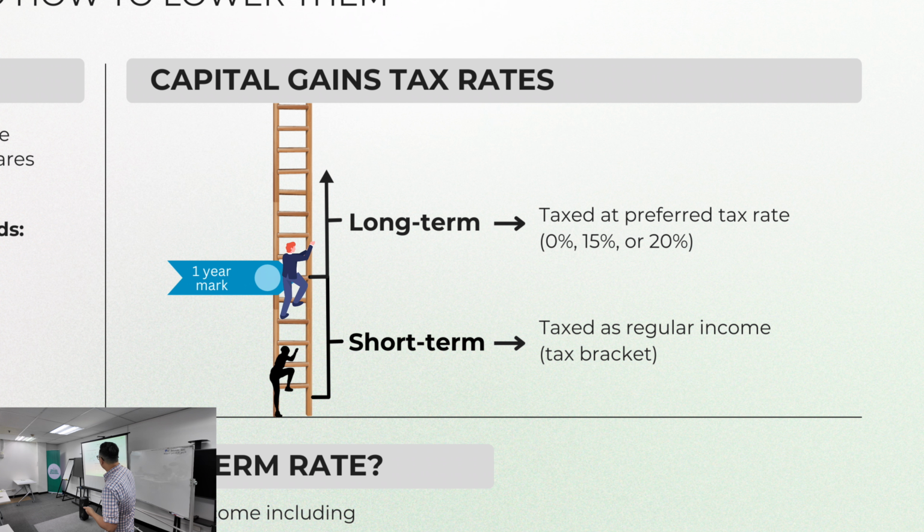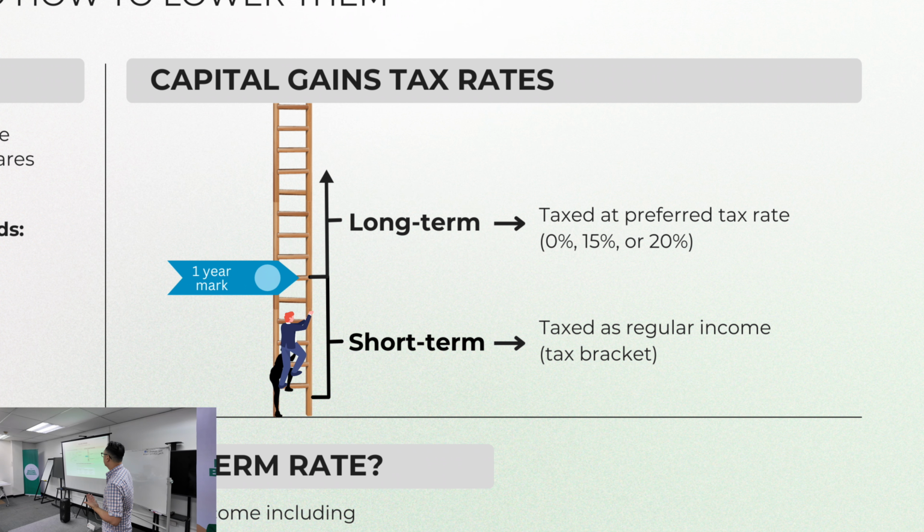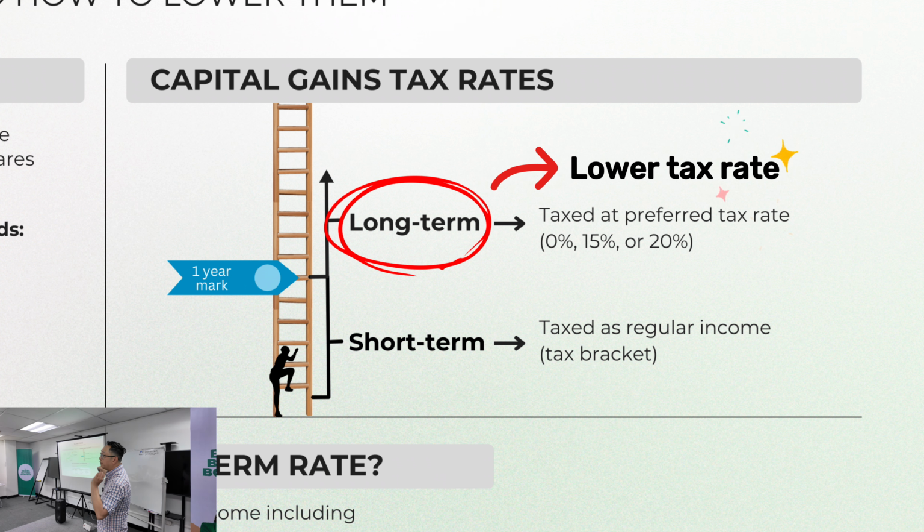Once you reach the 1 year mark, it qualifies for long-term capital gains. But if you don't reach the 1 year mark, it's considered short-term capital gains. Each one is treated differently because long-term capital gains has a preferential tax treatment where you pay lower taxes.